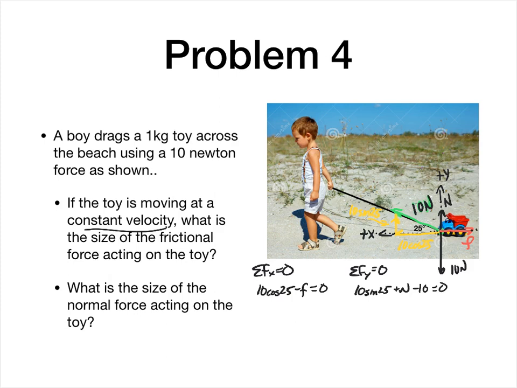So question 1, solve for friction. Friction is 10 cosine 25. So friction equals 9.1 newtons. So now normal equals 10 minus 10 sine 25. So that's going to be normal equals 5.8 newtons.